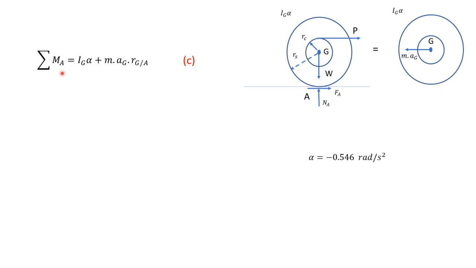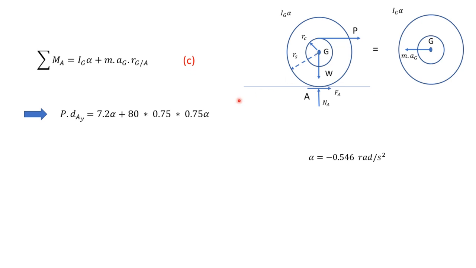Let's see how we got that. P multiplied by the distance was going to be equal to the RS plus the RC, or the 0.75 plus the 0.2, I think.